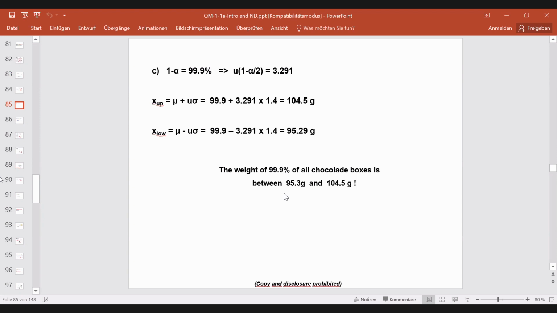This means 99.9% of all the chocolate boxes are between these two threshold values. This is the answer of the third question. So it's very easy if you know how to work with these tables.